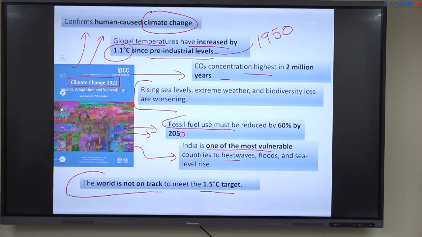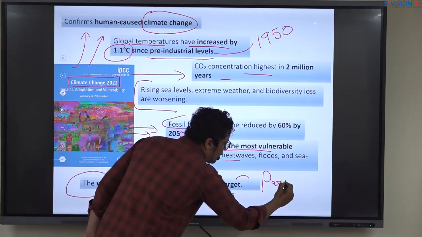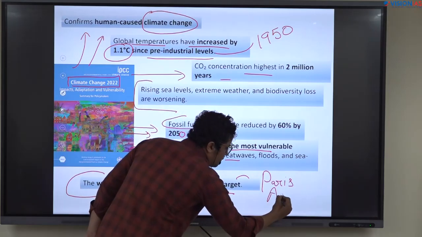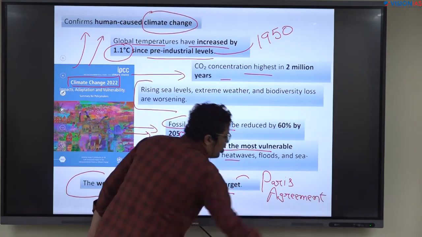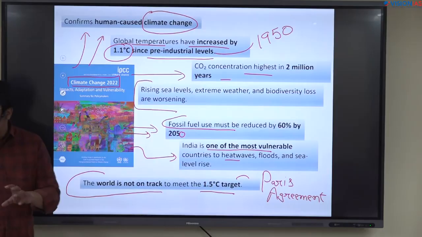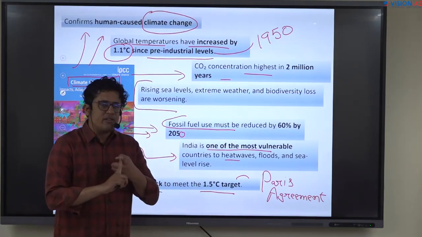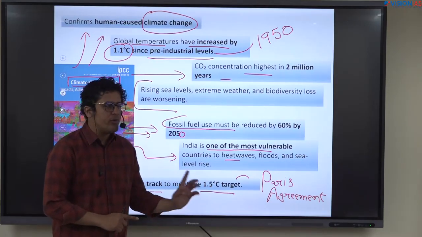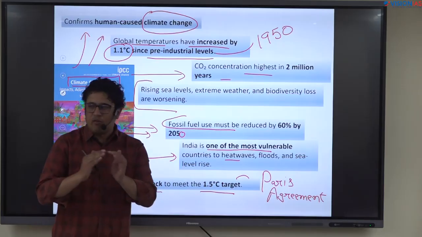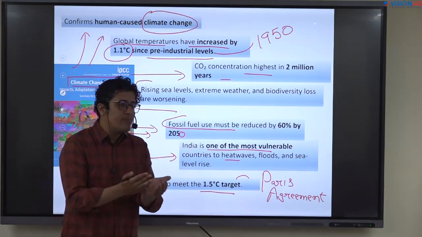Now what is this target? The 1.5 degrees Celsius target. This is the target of the Paris Agreement. What does this target say? It says that Earth's temperature should not increase beyond 1.5 degrees Celsius. If global warming has to happen, how much can we manage?